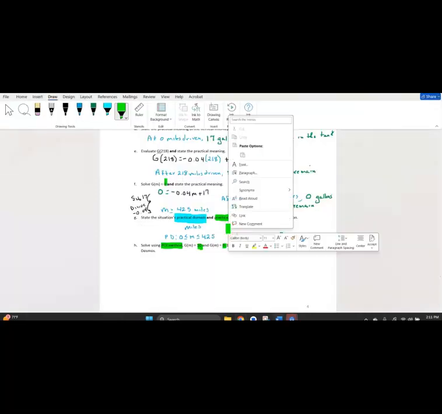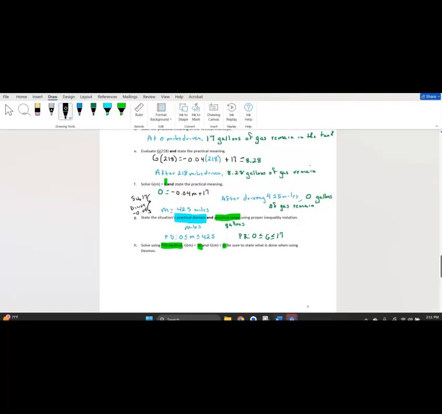And again, it always indicates that we need to state what we're doing. So we would say line 1 is g of x equals negative 0.04x plus 17, and line 2 is y equals 10.